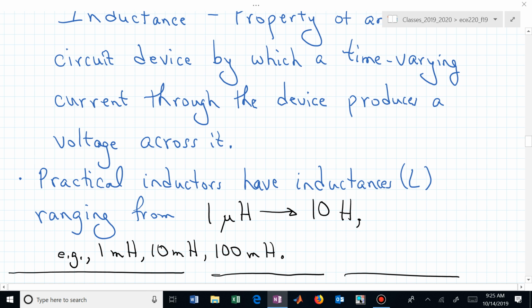Question? So now the question, I'm not quite sure I'm understanding the question, but we are going to be focusing on these inductors being ideal.